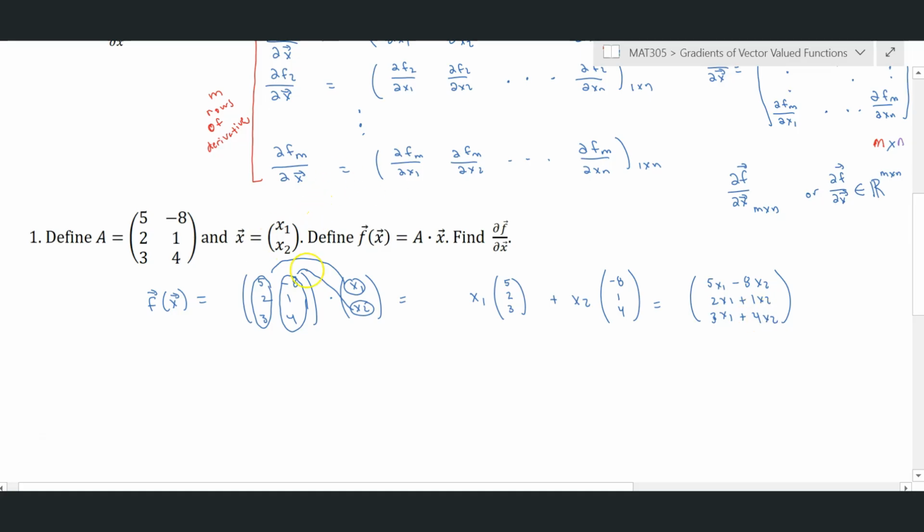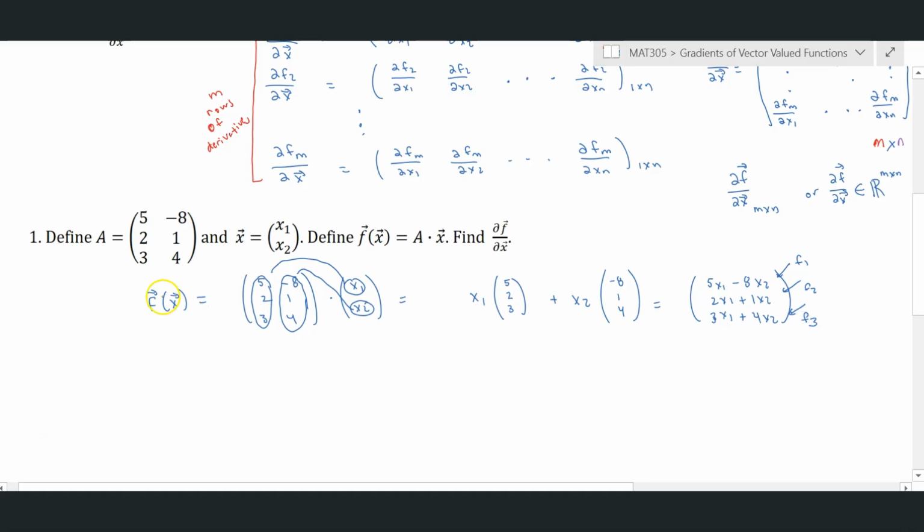So we can think about this as scaling the columns and then adding the results together, or we could think about them as scaling the row elements and then adding the row elements together like we did here on the right-hand side. But what I'm trying to do here is I have actually 3 functions. I get an f1 here, that's a function. I get another function in the second row, and I get another function in the third row.